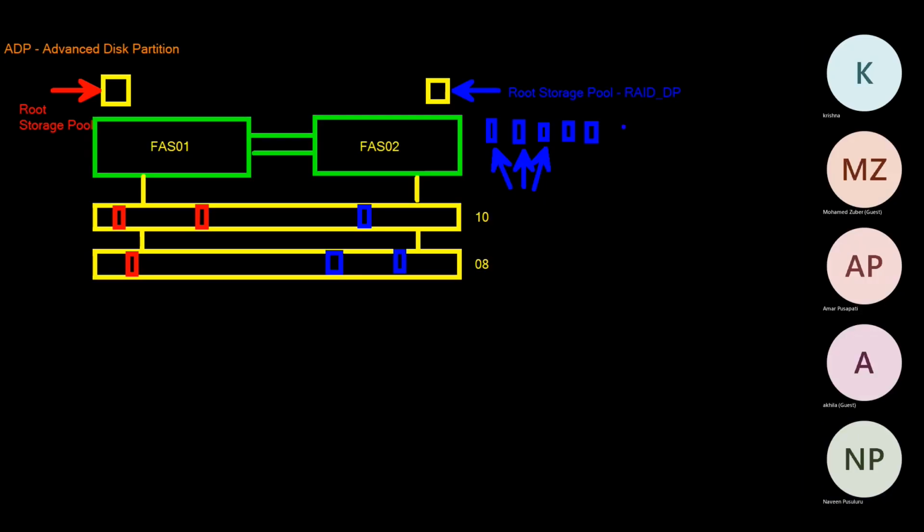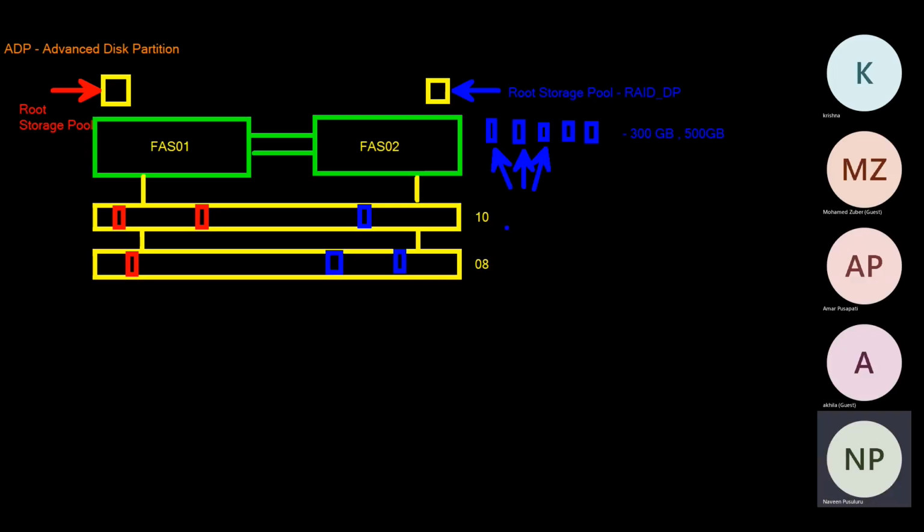Hardly we require 300 GB or something like that, or max 500 GB is enough to store the controller configurations. It won't go beyond that, because this root storage pool contains only configurations, not actual data.